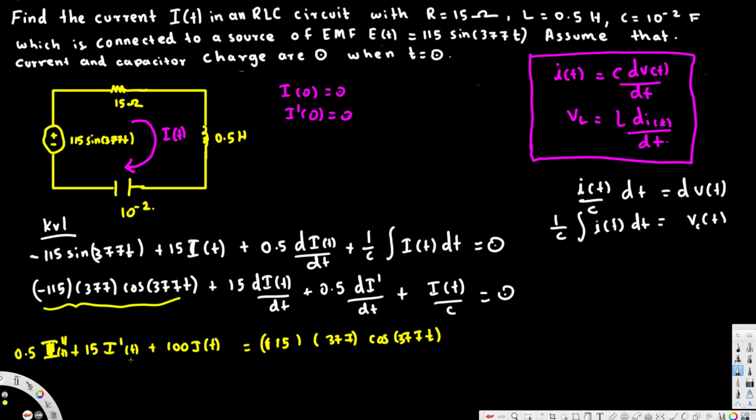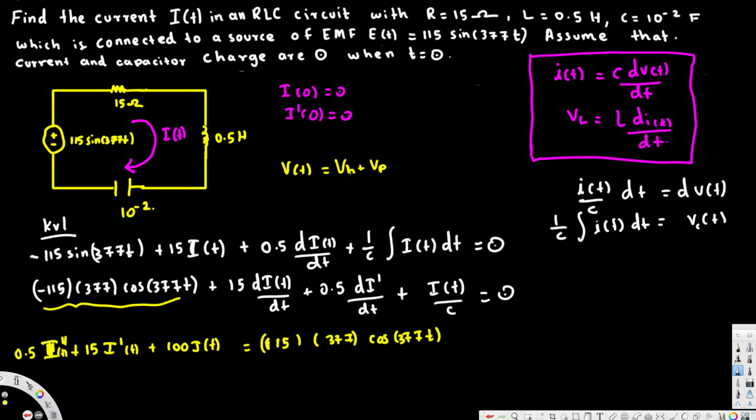Now we are going to find our characteristic equation. Because this is a non-homogeneous differential equation, we are going to use the superposition technique to get the general solution. The superposition technique says that the general solution for a non-homogeneous differential equation can be calculated by finding the homogeneous solution and also the particular solution and adding them together.